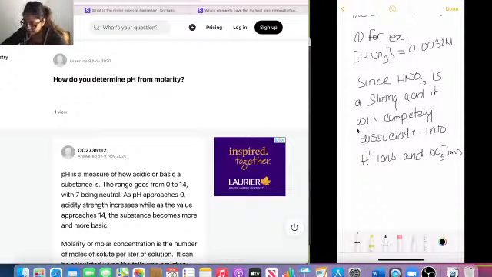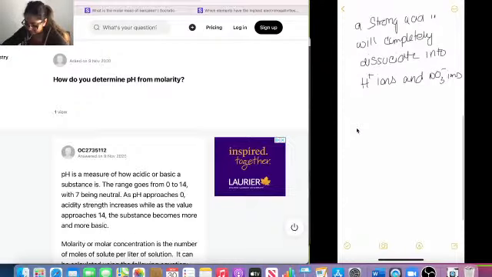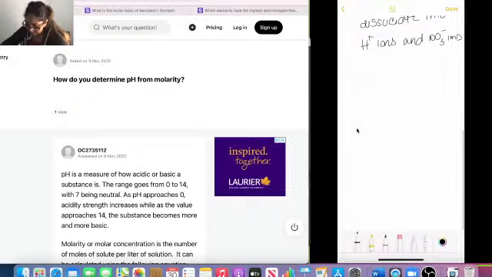Okay, and so the molarity of HNO3 is equal to the concentration of your H plus, right? Since when we're talking about pH, we actually take the concentration of your protons, which makes the solution acidic. And so therefore pH is equal to negative log of the concentration of your protons.